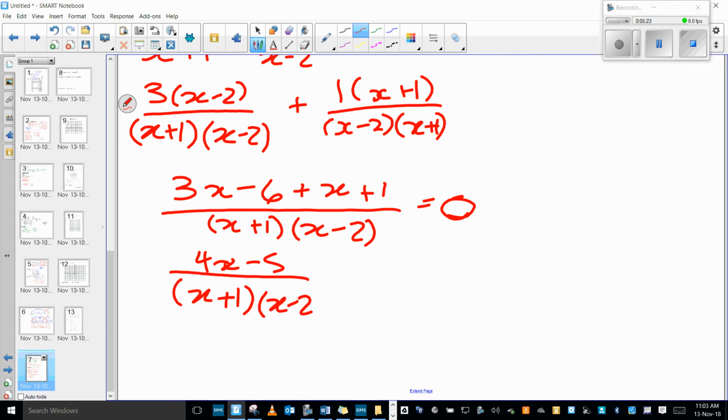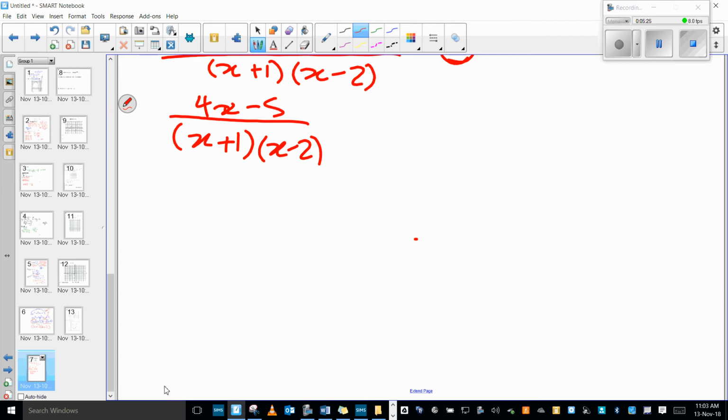Remember the equals 0. After that, you can bring over... I expanded the denominator, and then.